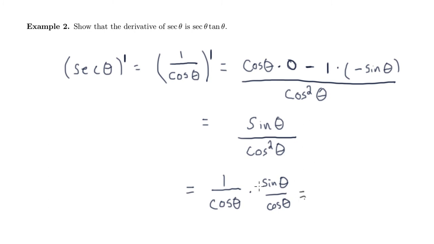And this really is, okay, 1 over cosine is secant, and sine theta over cosine theta is tangent. So there we go. The derivative of secant theta is secant theta times tangent theta.